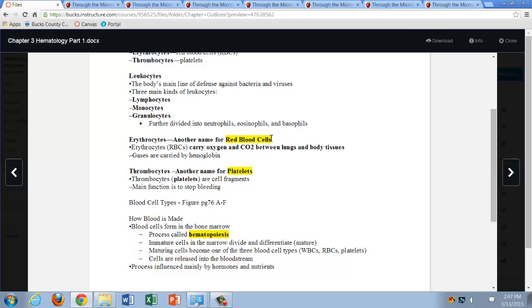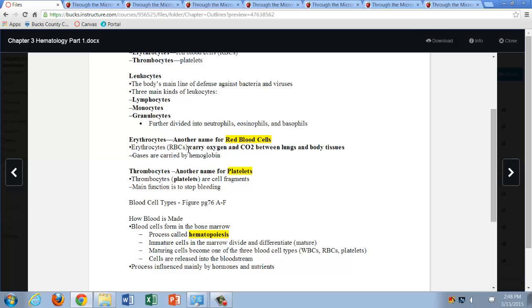They are very important because they carry oxygen and carbon dioxide between lungs and body tissues. So if we don't have enough of them, then we don't have enough oxygen, and that's a bad thing. That condition or disease would be called anemia. There are many different kinds of anemia, and we'll talk about that in a later recording.